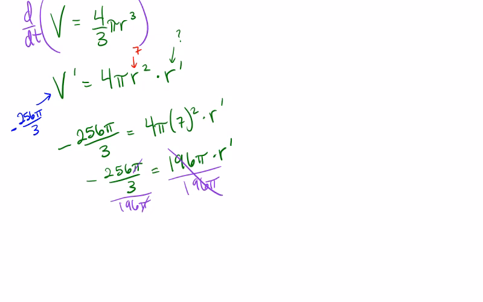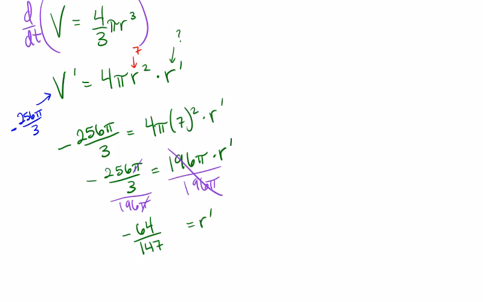There are a couple other ways you can do it, like multiplying 196 times 3 in the denominator and then reducing that fraction, 256 over 3 times 196. The final answer comes out to negative 64 over 147, and that equals r prime.